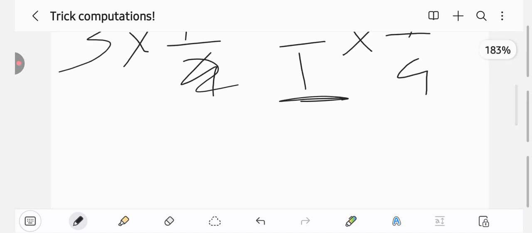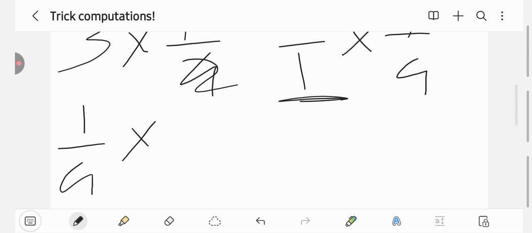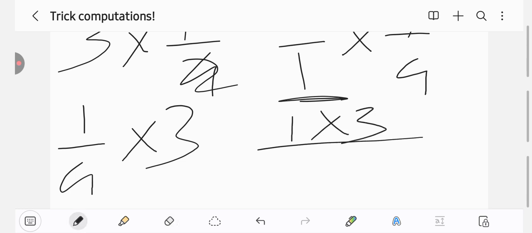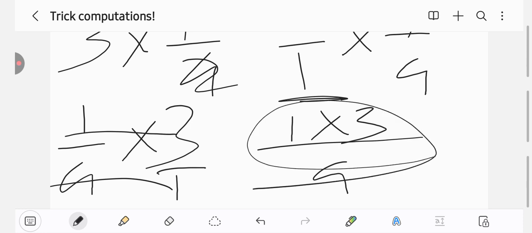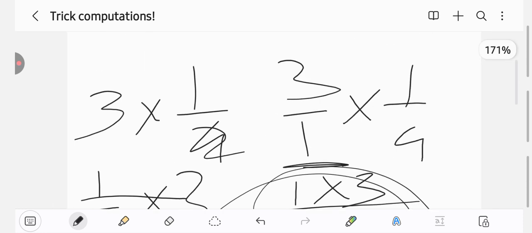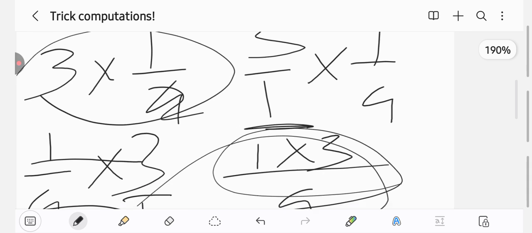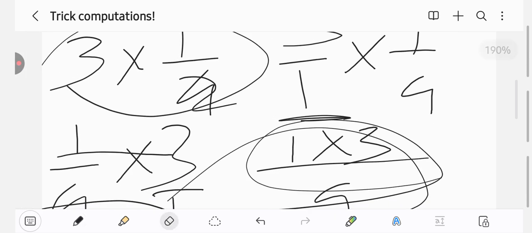But when you have 1 by 4 times 3, it's no longer repeated addition. It's now a rewritten form of a fraction. Underneath 3 there is actually 1. So it's a rewritten form of this, not a repeated addition. But here it's repeated addition. I think you have understood.